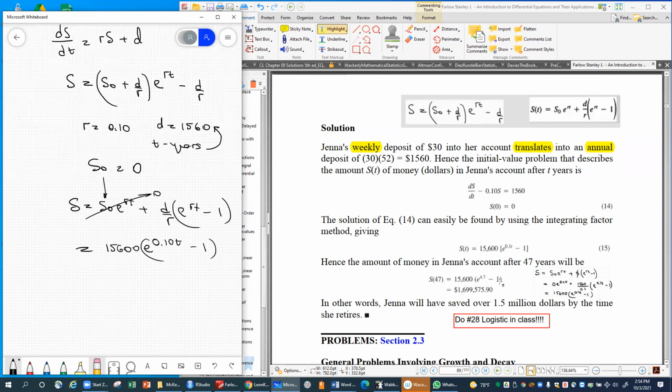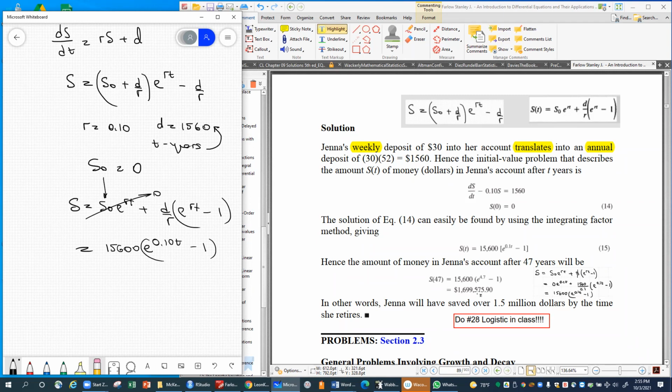So that's the solution. And after 47 years, you just plug in t equals 47. She's going to be a millionaire, almost 1,700,000. That's of course very idealized, that's really a 10% growth rate. We're not going to get that.